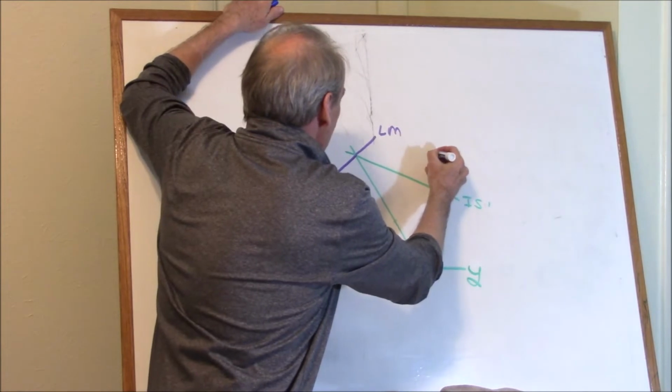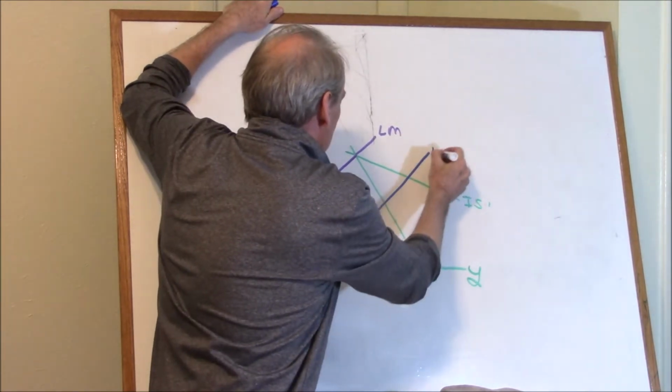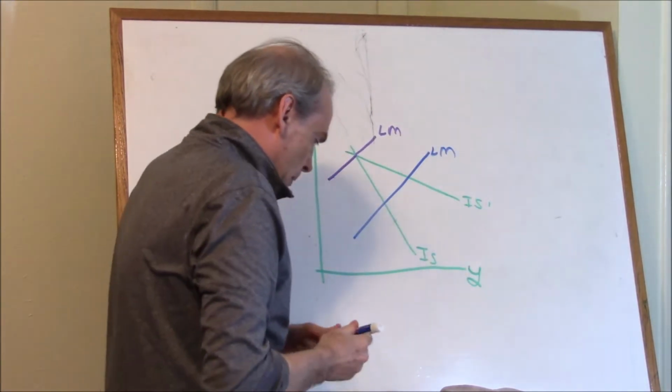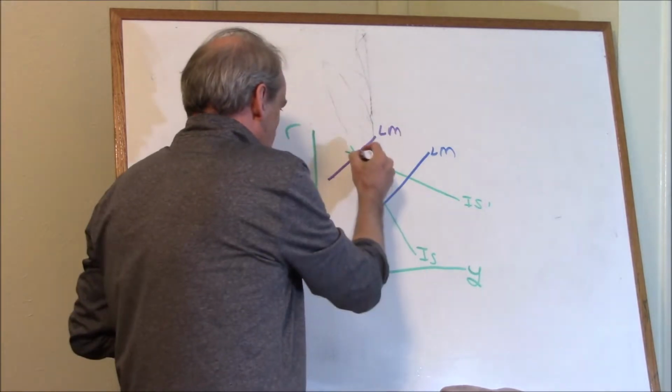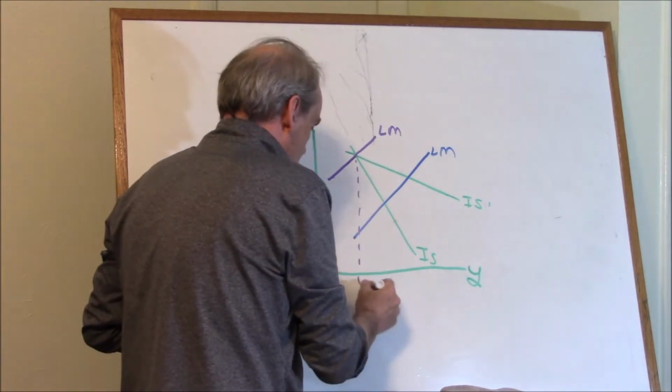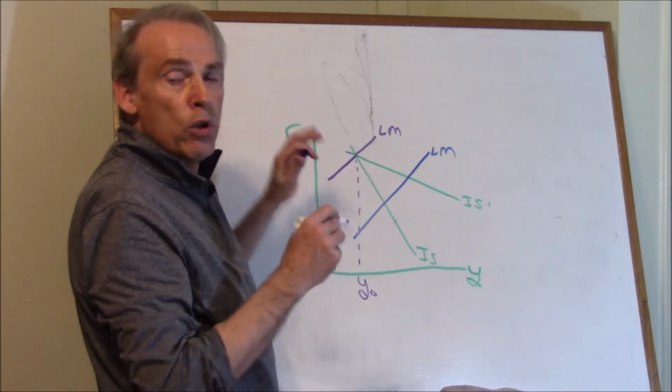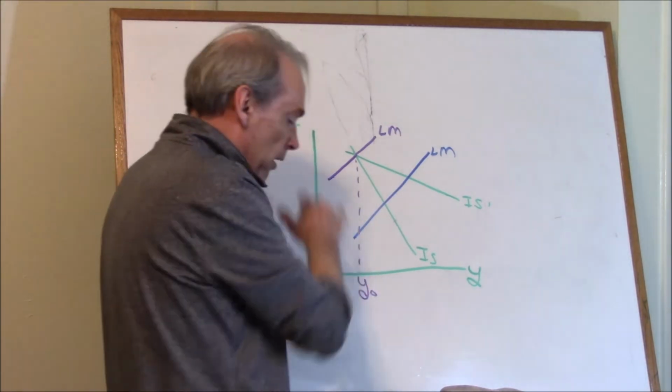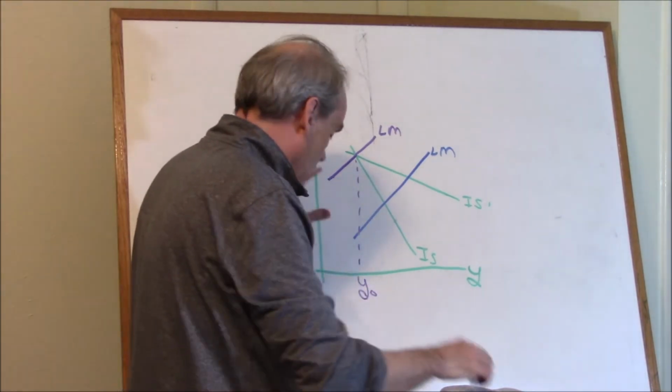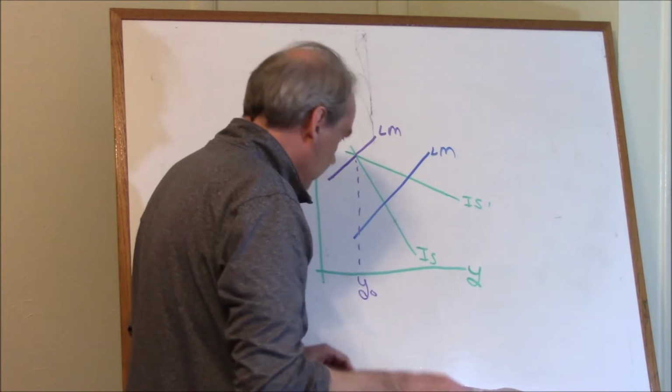For the same rightward shift in LM, and I'm sorry, I probably should have. We don't really care about the interest rate here. We're trying to expand the economy, so I'm not going to bother labeling what's on the vertical axis.